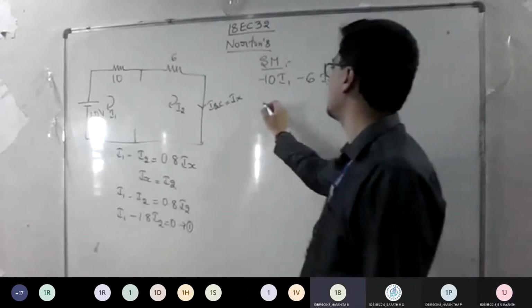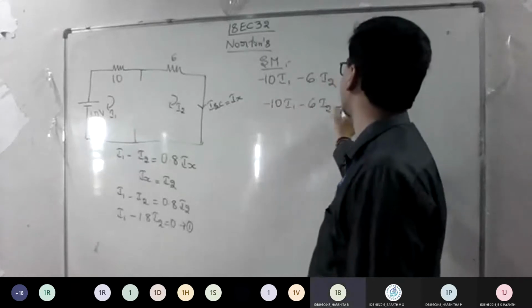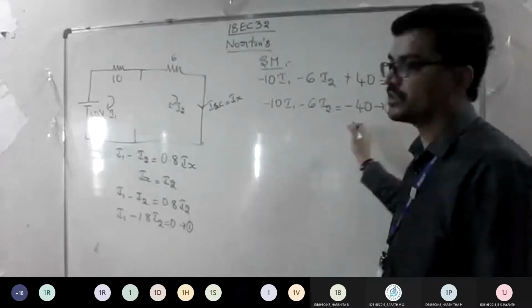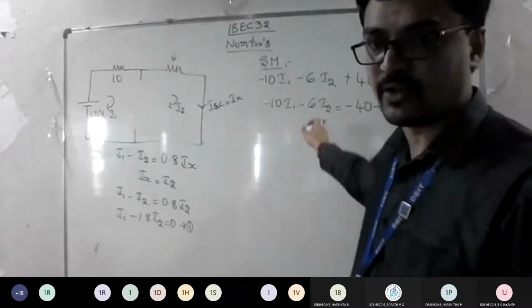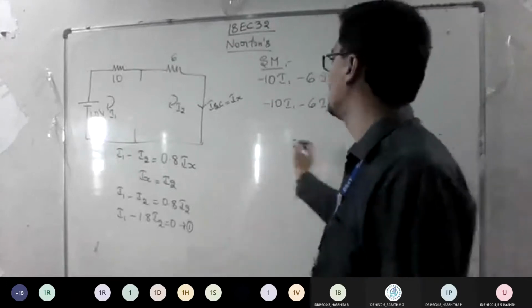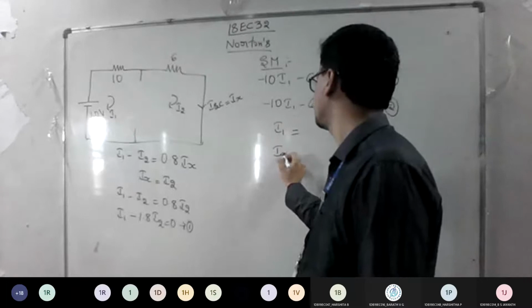From this we can simplify: minus 10 I1 minus 6 I2 equals minus 40. You can keep this as it is or multiply completely by minus and make everything plus, not a problem. Now solve equations 1 and 2 and tell me what are the answers for I1 and I2.